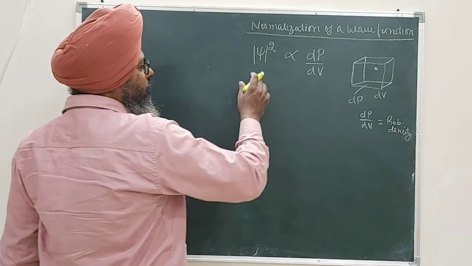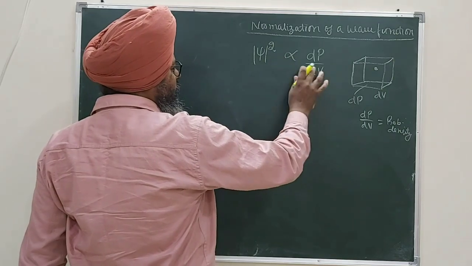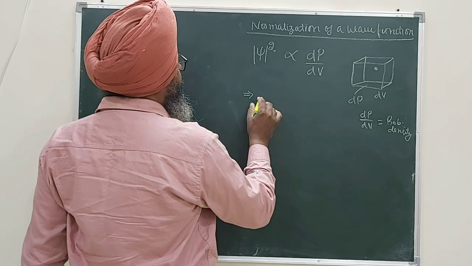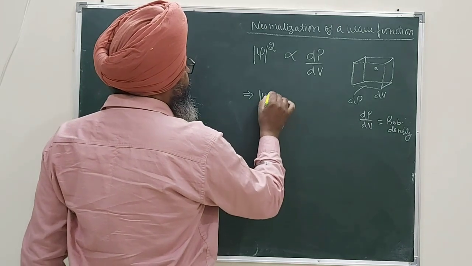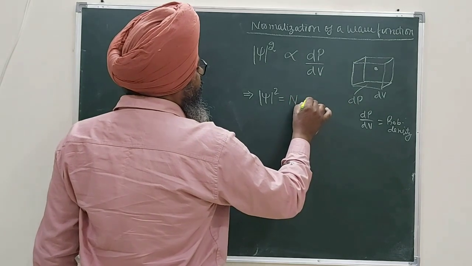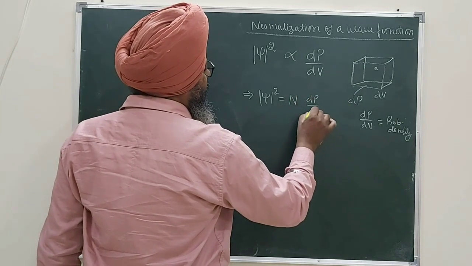Now, if I want to convert this proportionality into an equality, then I would be able to write this as psi magnitude square is equal to some constant N times dP by dV.